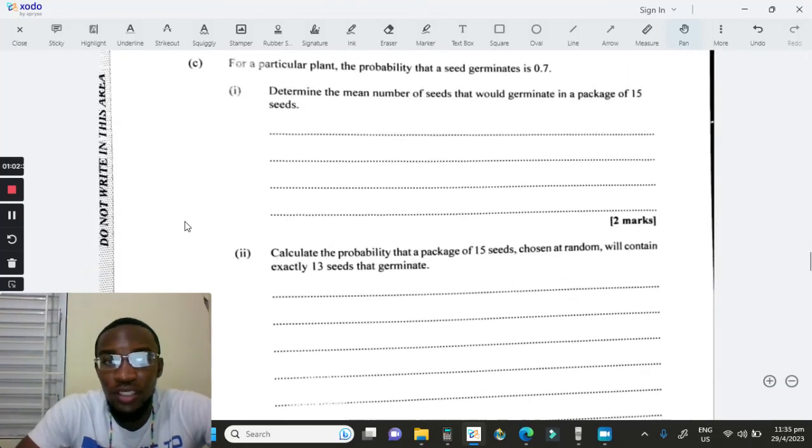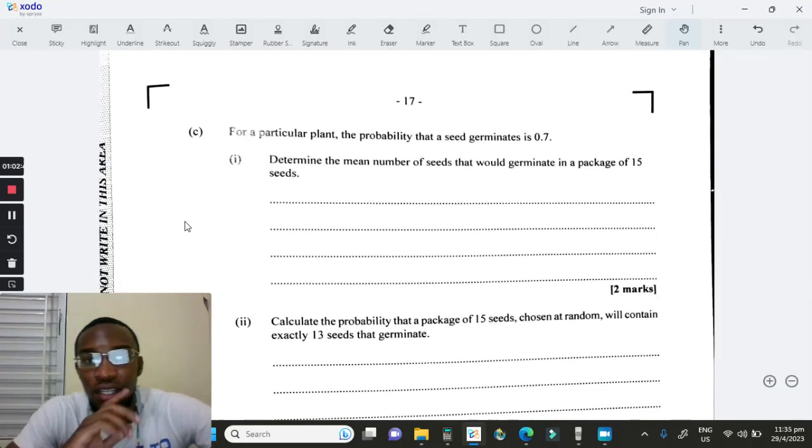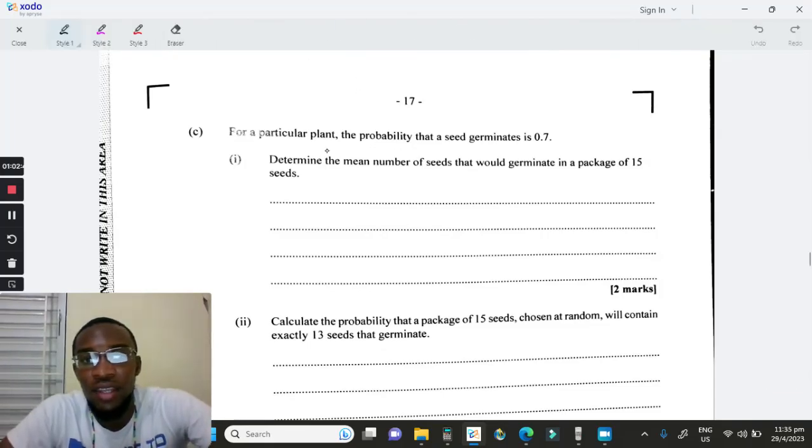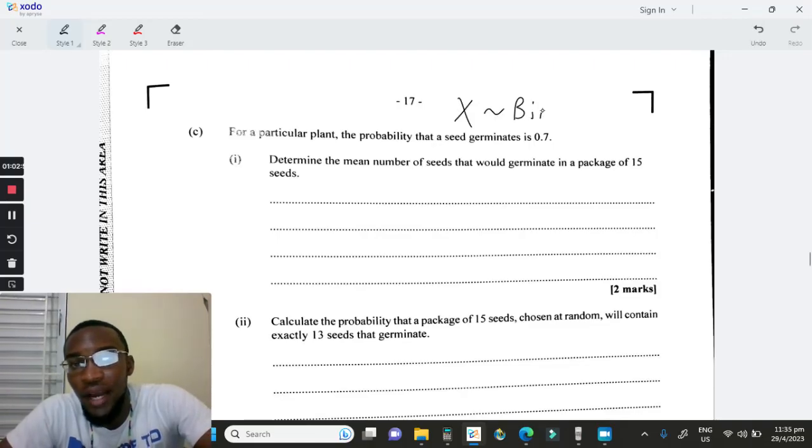This part now says, for a particular plant, the probability that a seed germinates is 0.7. Determine the mean number of seeds that would germinate in a package of 15 seeds. Let the seeds be X, so X follows a binomial distribution with n and p.